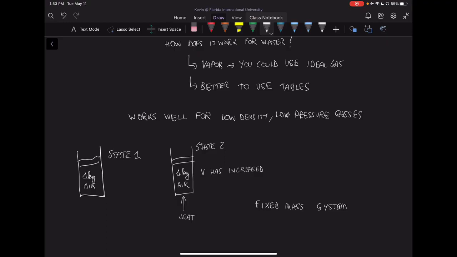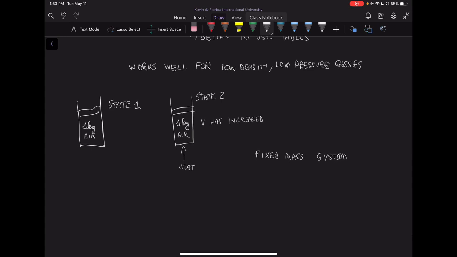If we have water or R134A, we can just use tables to find pressure, volume, and temperature if we have some given parameters. But the nice thing is that we can write an equation for state 1 and state 2 now. So if we use the ideal gas equation for air, we can say that P1 V1 is equal to mR T1. And for state 2, we can also write an equation. We can say that P2 V2 is equal to mR T2.